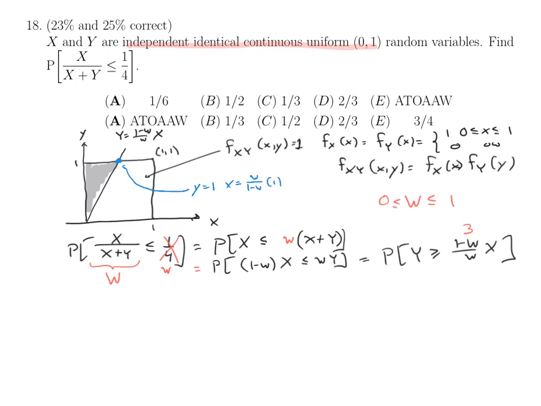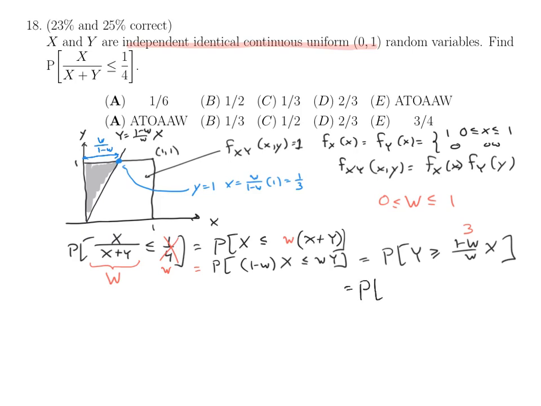And so for instance, when w is a quarter, x is equal to 1/3, right? So the width here is w over (1 minus w), right? And the height is 1.